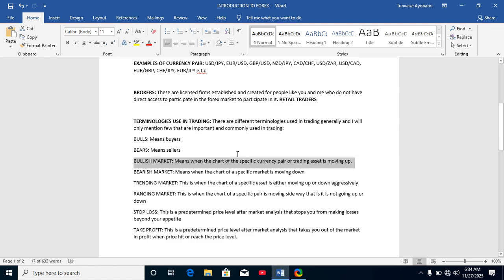So when people are buying, take for instance, let's say you bought an iPhone 20 Pro Max, just as an example. Let's say you bought it for like $10, and as time goes on, apart from you buying it, hundreds of people have come to buy that same iPhone at $100.